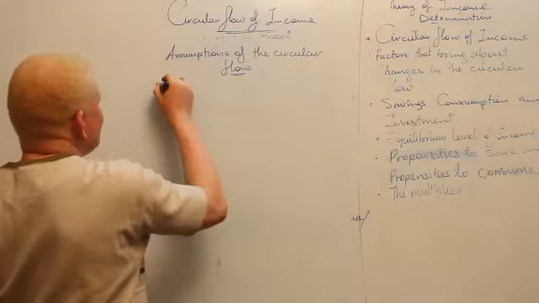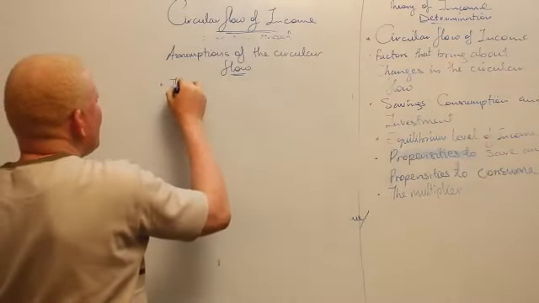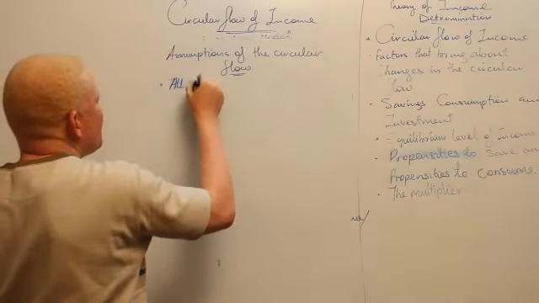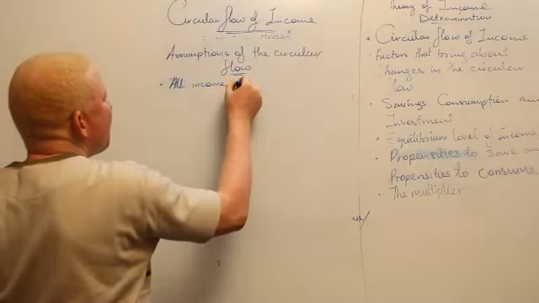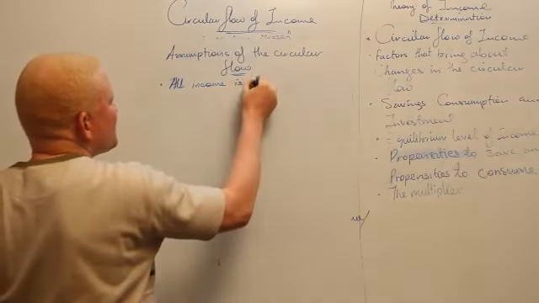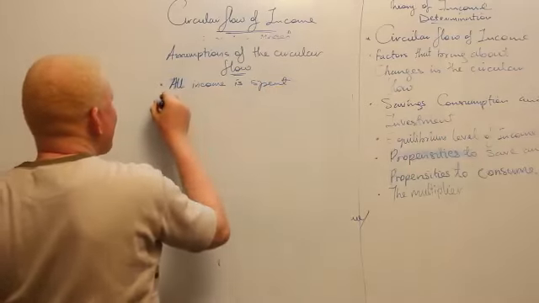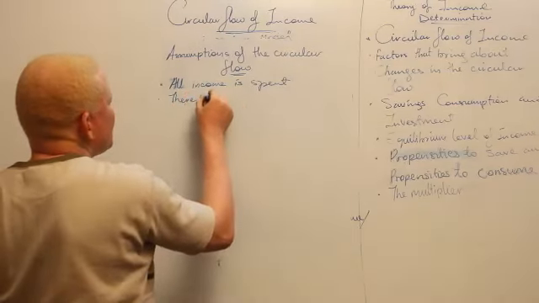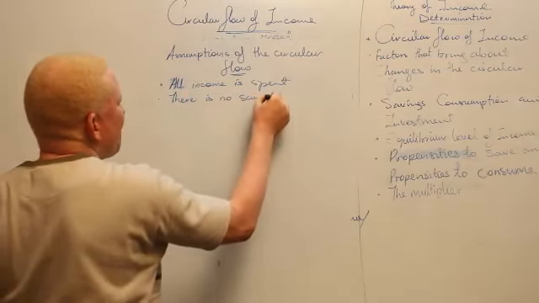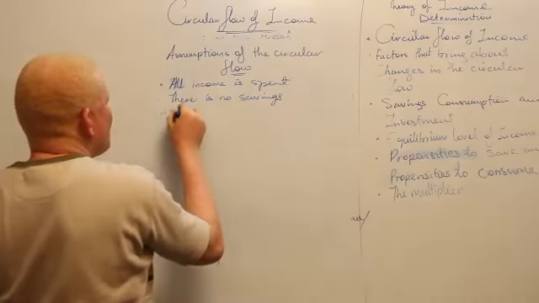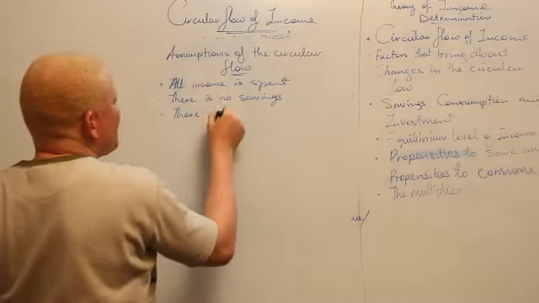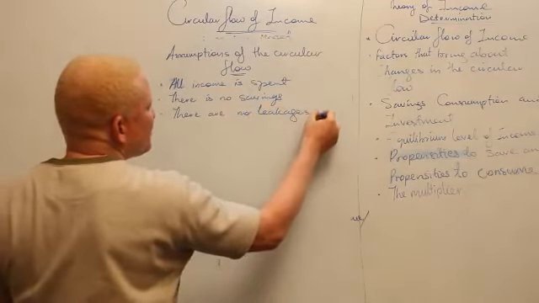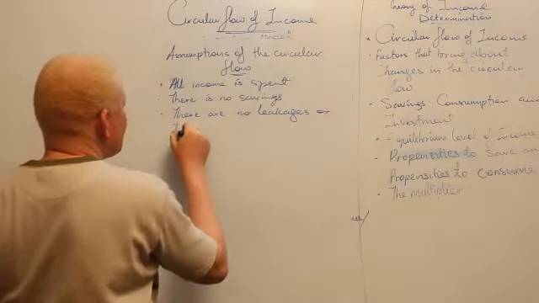Number one is that all income is spent. That means there is no savings, there are no leakages or injections.